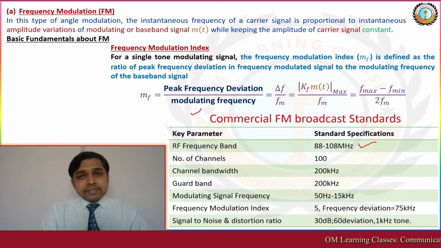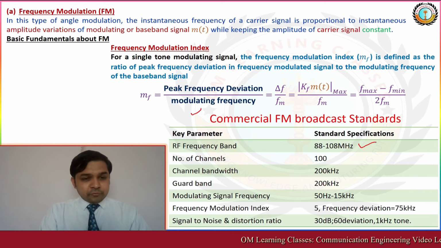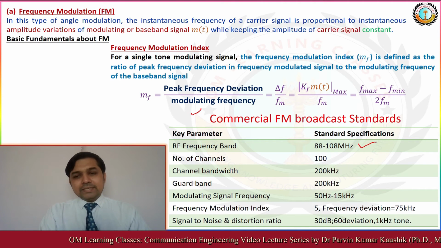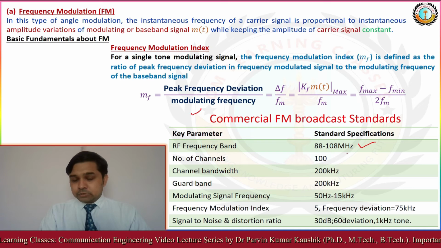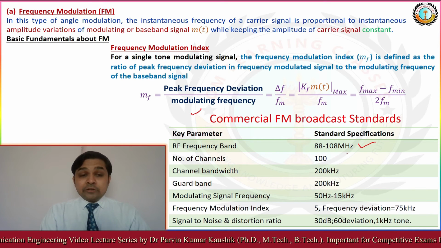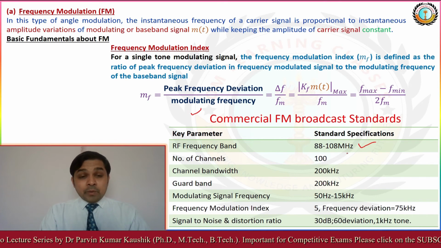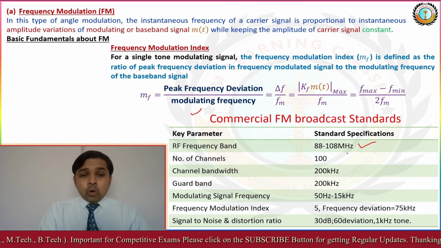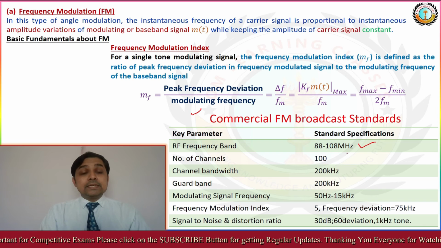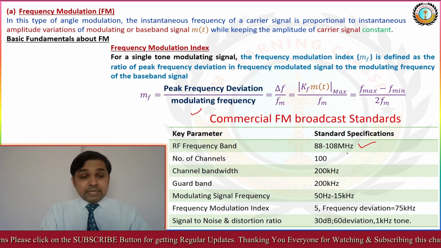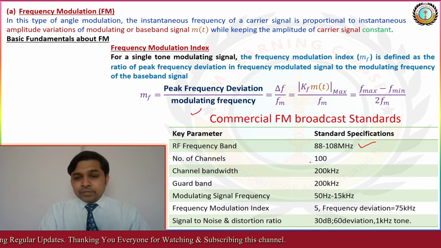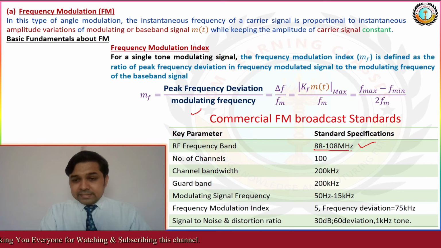We generally utilize FM on our mobile phones, and if we observe the frequency band, it is 88 to 108 megahertz. For example, 93.5 FM: 93.5 megahertz is the center carrier frequency on which the signal is transmitted. So this is the operating frequency range.